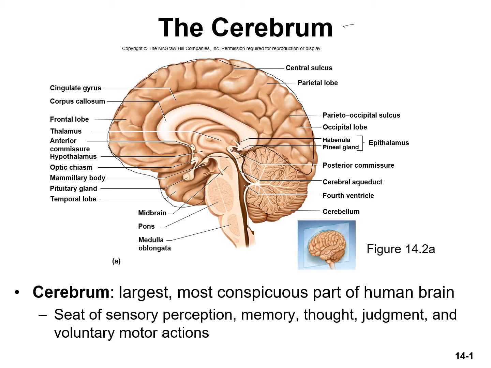And generally speaking, this is where our highest order functionality comes from. This is the seat of sensory perception, memory, thought, judgment, and voluntary motor actions.